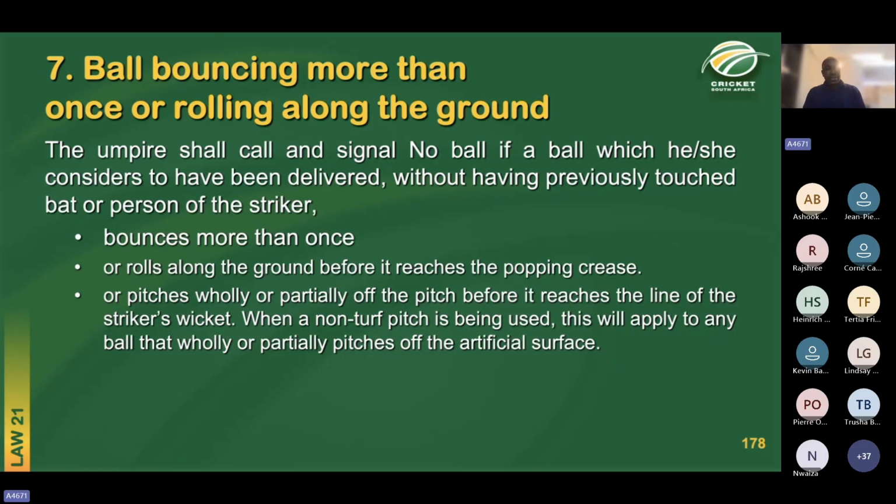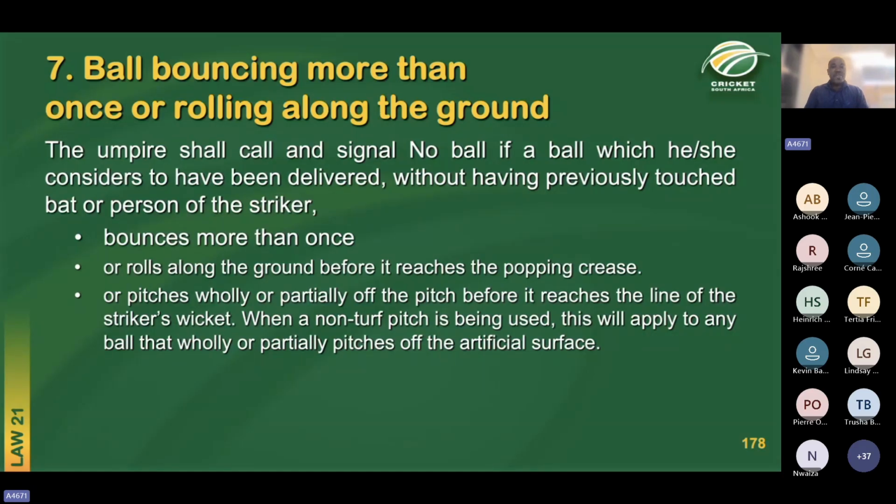And again, the person in the best position to judge whether the ball landed before the line of the stumps or after the line of the stumps is the striker's end umpire. So similar to my previous example, the striker's end umpire can also signal to the bowler's end umpire where he or she thought the ball landed.